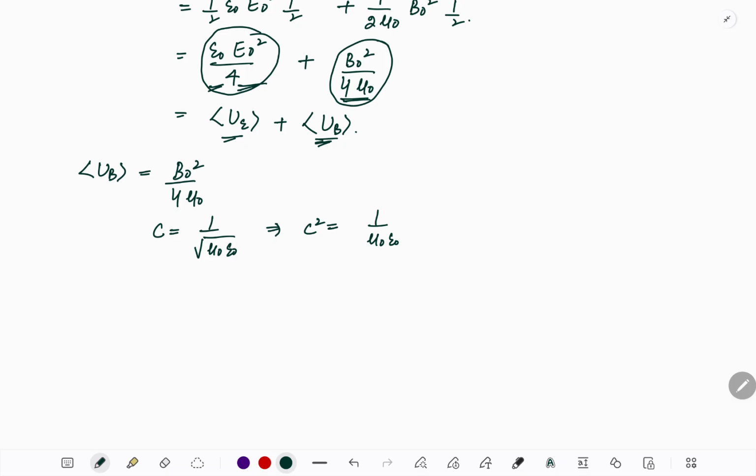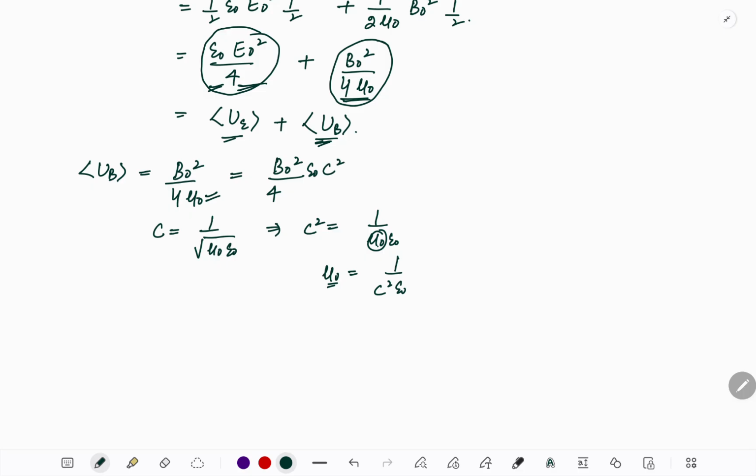Now we can calculate the value of mu 0: mu 0 equals 1 over c square epsilon 0. We substitute that here, so it becomes B naught square by 4, and in place of mu 0 we use 1 by c square epsilon 0.